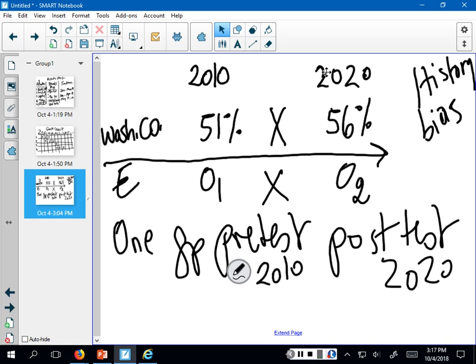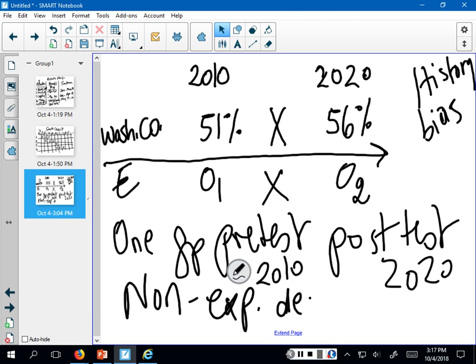One group pre-test, post-test is a commonly used evaluation design, but it's actually one of the weakest evaluation designs. It is a non-experimental design, and non-experimental designs, again, are weak designs because we cannot control for history or other biases.